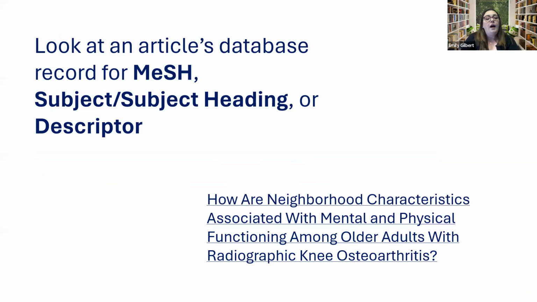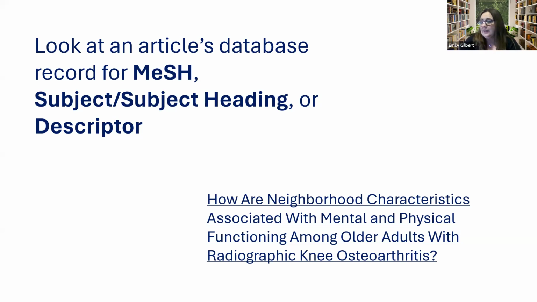So moving on, how do you find these mystical controlled vocabulary terms? If you have those exemplar articles, for example, you can look at the record in PubMed for MeSH, or it might be called a subject heading or a descriptor in another database.